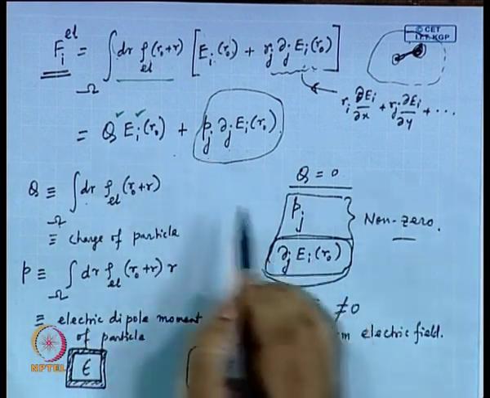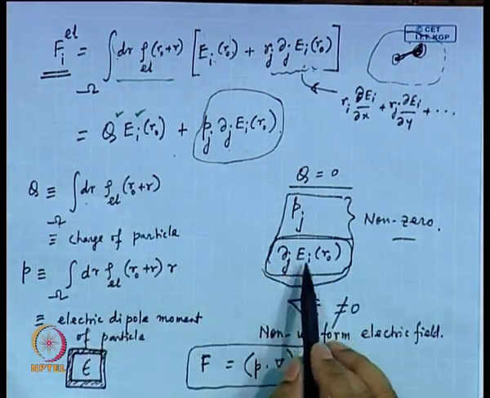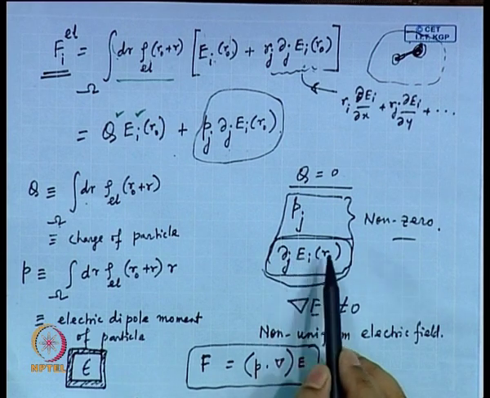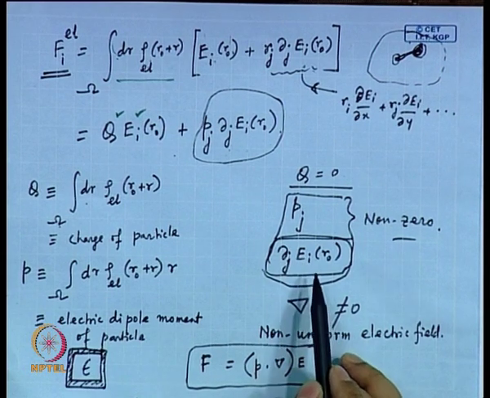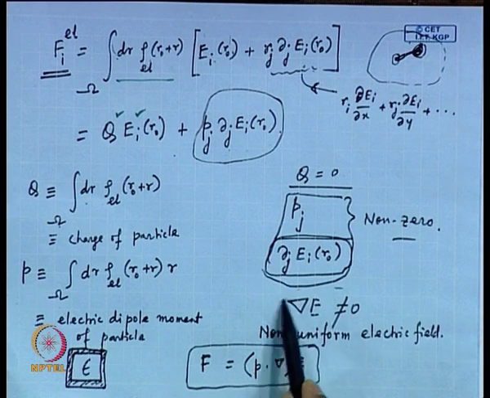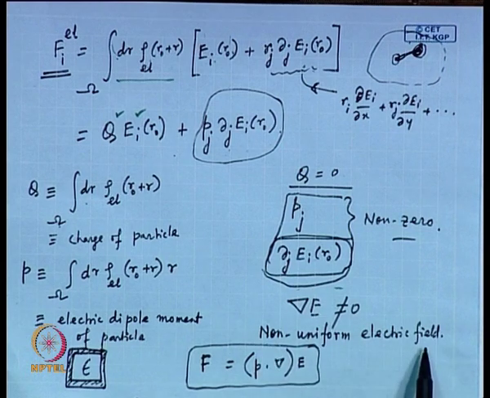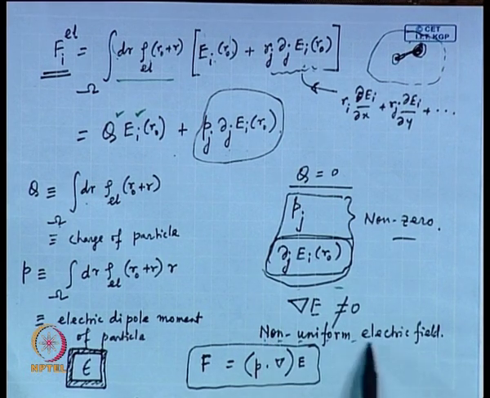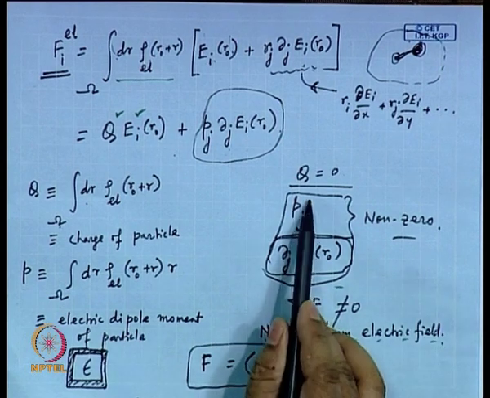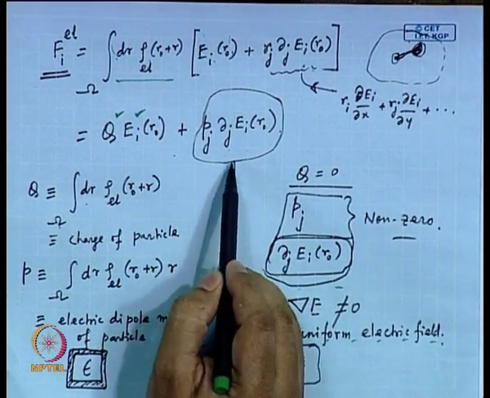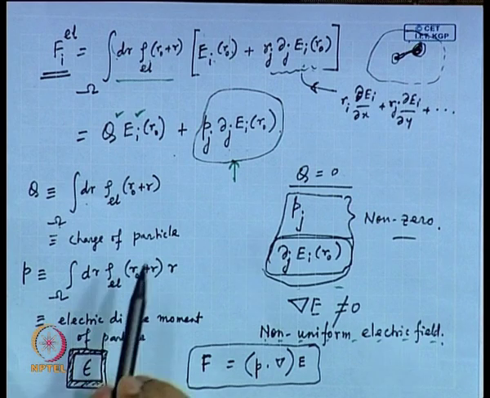However, the derivative of E, that means del of E, is non-zero. That means the electric field is non-uniform. Because of this non-uniform electric field and because of this non-zero Pj, this term features. So we have a force.